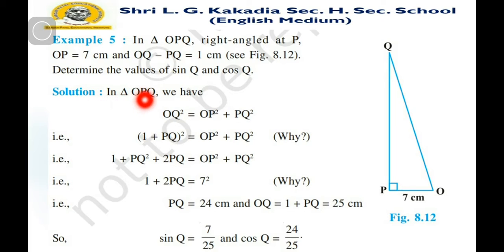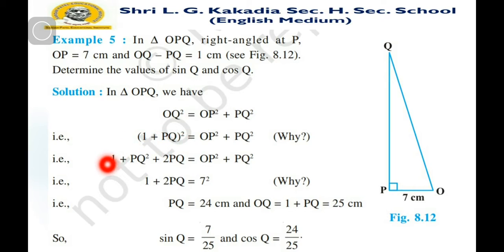In triangle OPQ, by the Pythagoras theorem, OQ square is equal to OP square plus PQ square. From the given condition, OQ is equal to 1 plus PQ. If we put the value of OQ, then (1 plus PQ) whole square is equal to OP square plus PQ square.